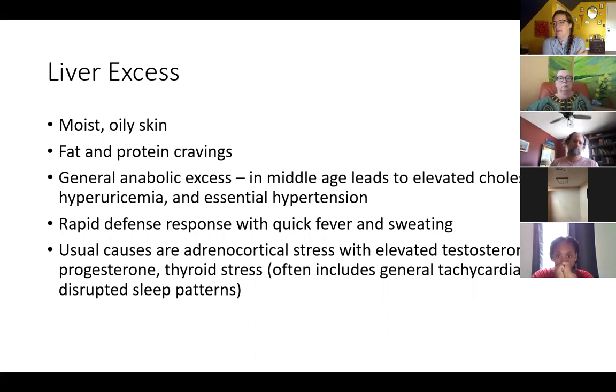Essential hypertension is high blood pressure for which secondary causes are not present. So if there's a disease state in the body that hypertension would be a side effect for, this is not that. This is when there's just general hypertension potentially from stress.